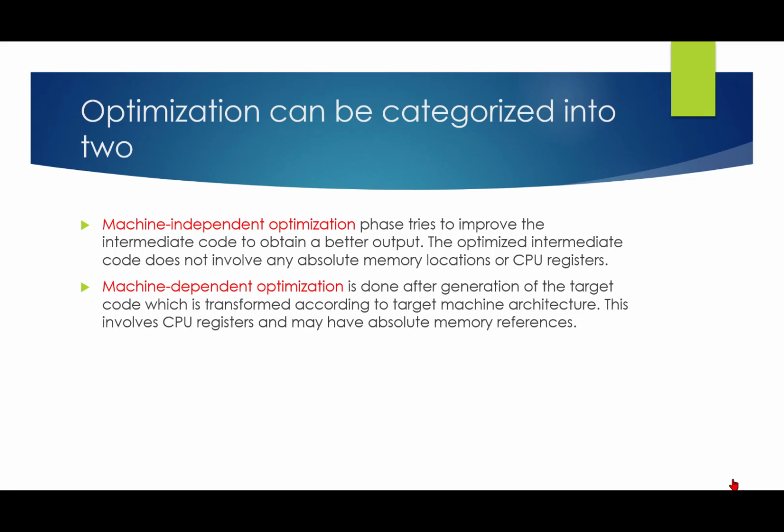The optimized intermediate code does not involve any absolute memory location or CPU registers. Machine-dependent optimization is done after generating the target code, which is transformed according to the target machine architecture. This involves CPU registers and may have absolute memory references.